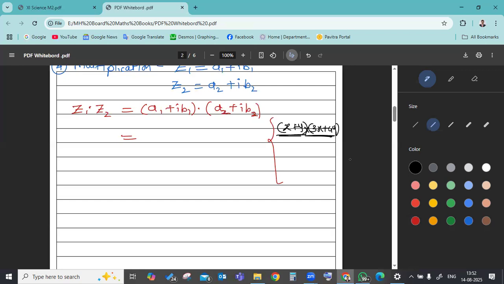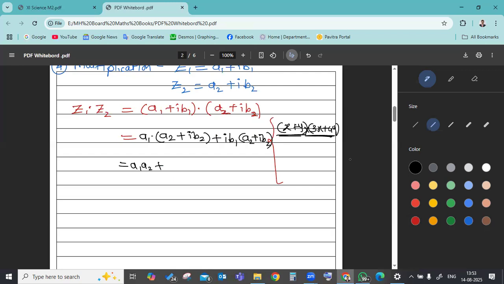For that, we take the first term of the first bracket and multiply it to the complete second bracket, a2 plus i b2, then plus this part, i b1, into the second bracket, a2 plus i b2. Right?